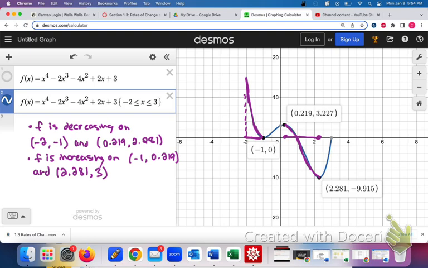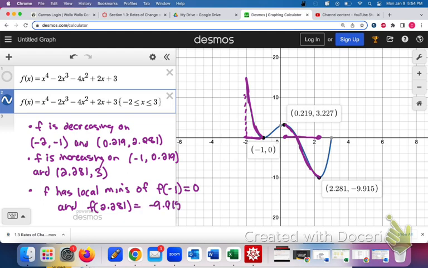And then, same as before, f has local mins. There's 2 of them: f of negative 1 equals 0 and f of 2.281 equals negative 9.915. F has a local max still of f of 0.219, which is 3.227.